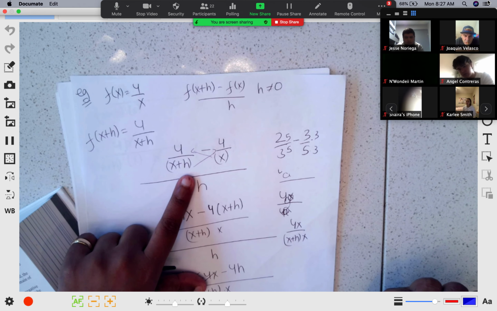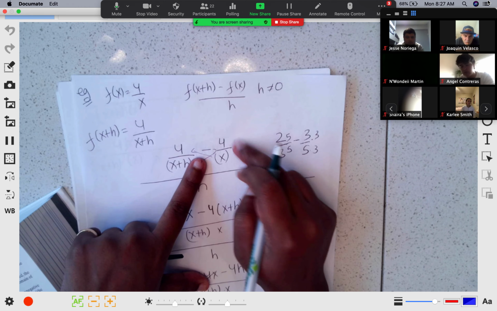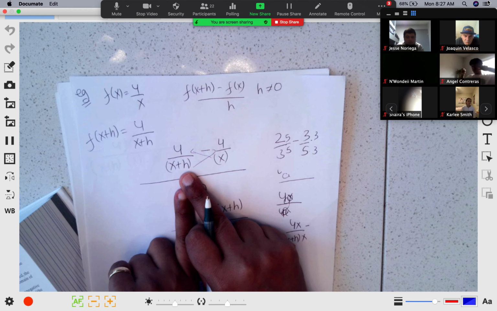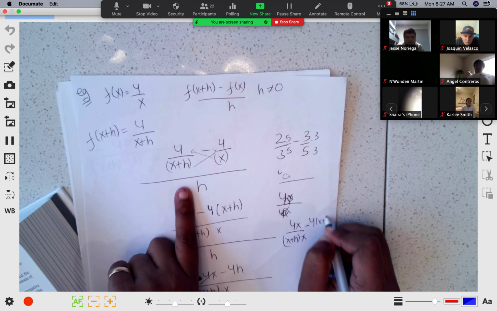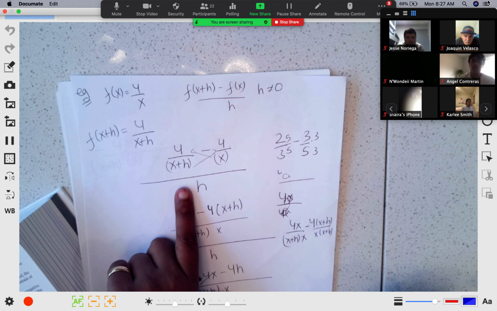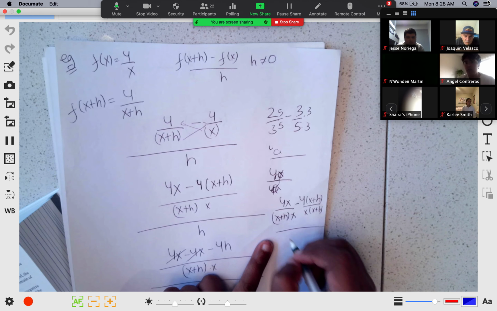What about here? This term does not have x plus h, so I multiply this also with x plus h and the bottom also with x plus h. Now I don't have to write x the base 2 times, I can write it only 1 time since they are the same.